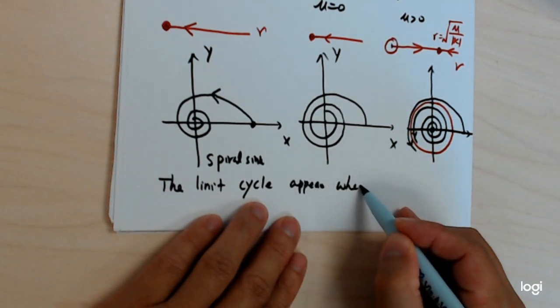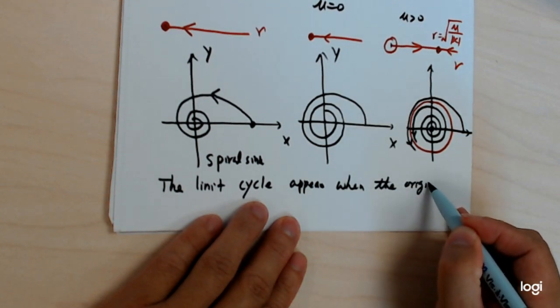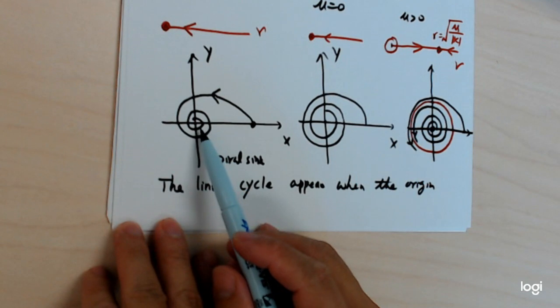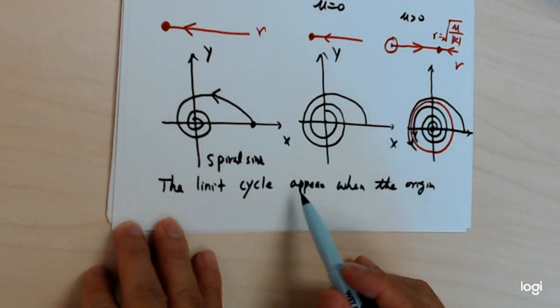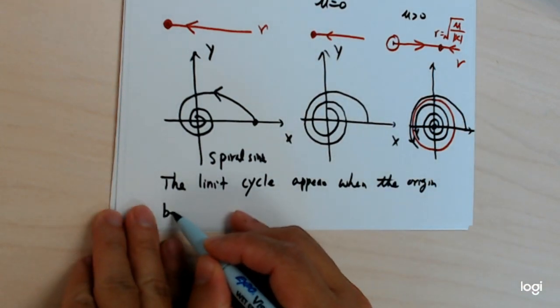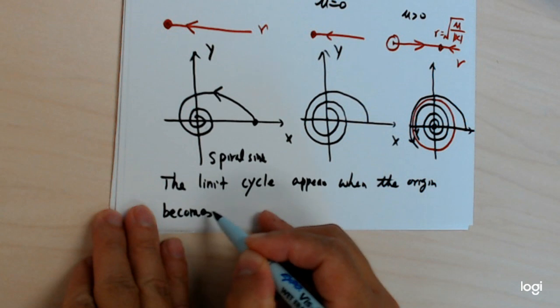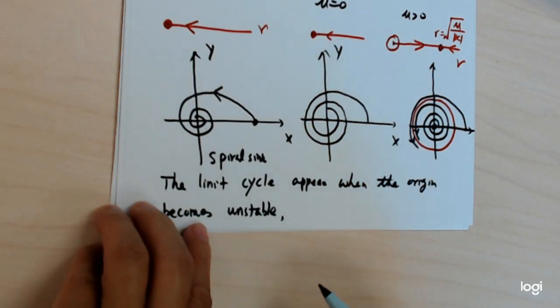It appears when the origin, which was stable here, becomes unstable. Okay, stable here and then unstable. It appears when the origin becomes unstable.